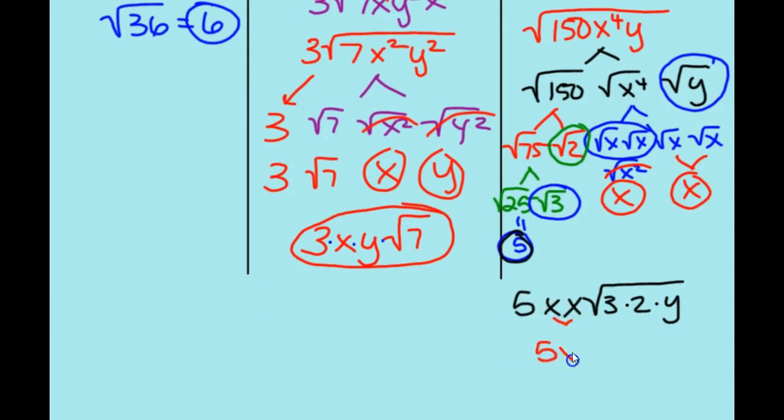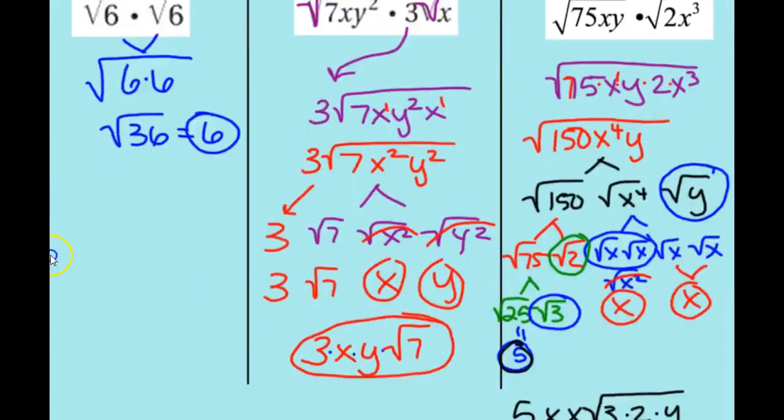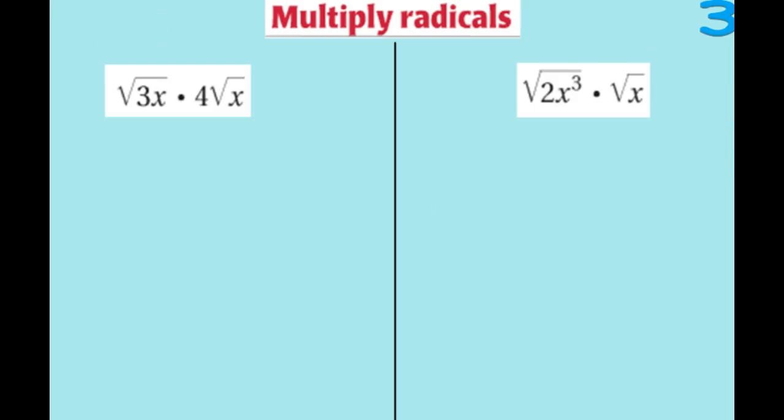This is really 5x squared, and then 3 times 2 is 6. So this would be the best answer. We're trying to get whatever's underneath the square root as small as possible. And we did. We simplified from these big numbers all the way down to just the 6y under the square root.